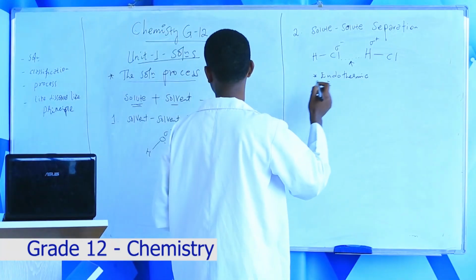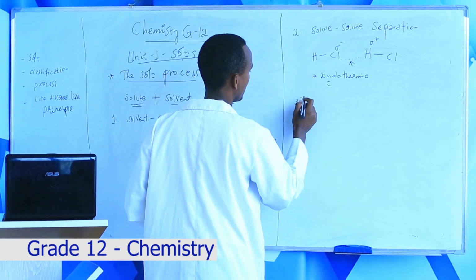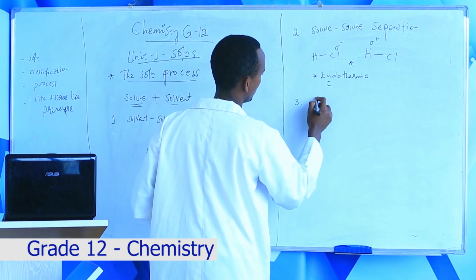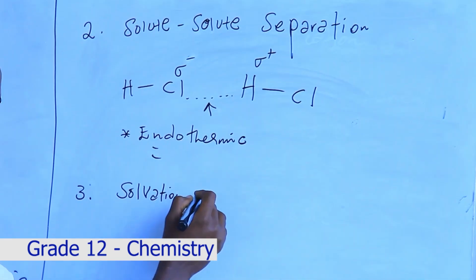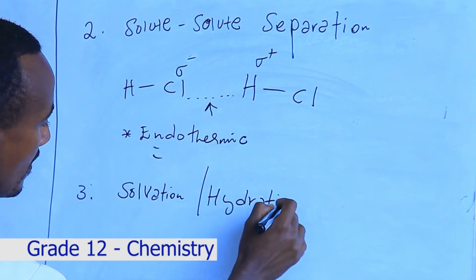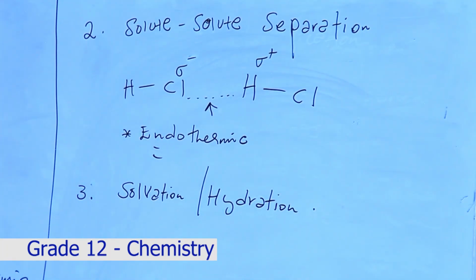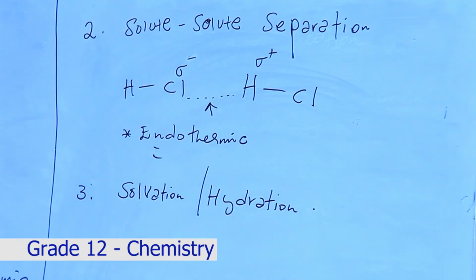And the third step is known as solvation or hydration. This process occurs after the solvent particles separate from each other and after the solute particles separate from each other. So, solvation or hydration will occur.